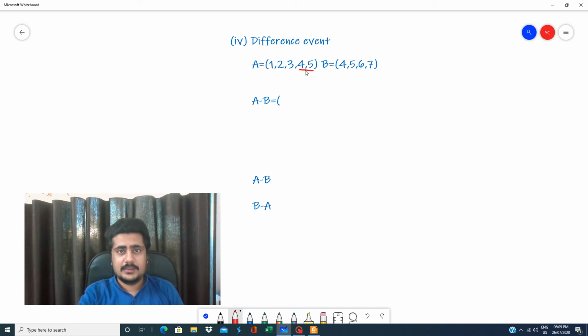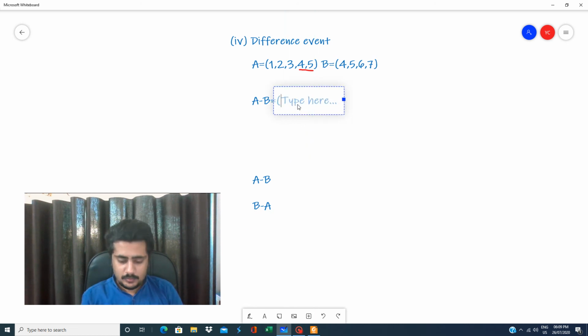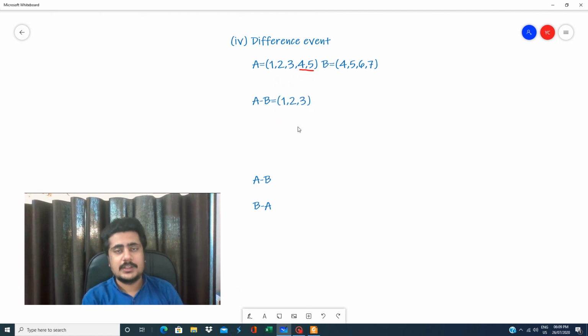So we'll subtract those elements which are present in B. So A minus B will be 1, 2, and 3. What's my point? We have just subtracted the elements of B from A. It is A minus B.